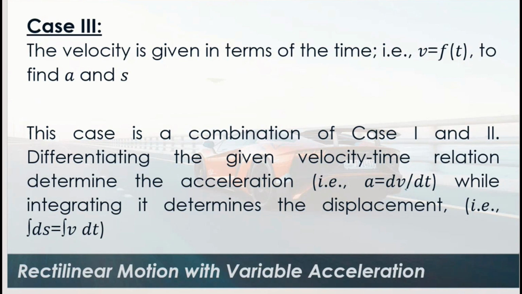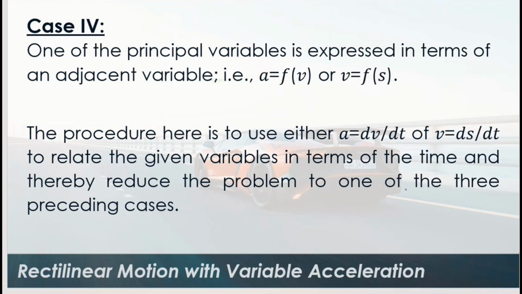So we have case 4, wherein one of the principal variables is expressed in terms of an adjacent variable. Earlier we had acceleration with respect to time and velocity with respect to time in case number 3. In case 4, it is acceleration with respect to velocity and velocity with respect to displacement. Okay?